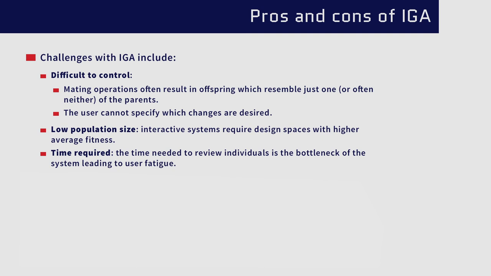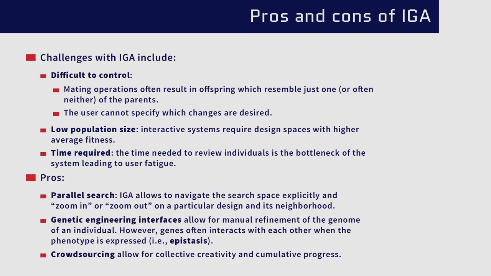Research has been conducted to study and contravene user fatigue in interactive genetic evolution systems. Since evolution consists in a parallel search, interactive genetic algorithms give the opportunity to explore several regions of the search space in parallel. In principle, it is possible to accelerate or slow down the evolution or to zoom in or out on a particular design space and its neighborhood.